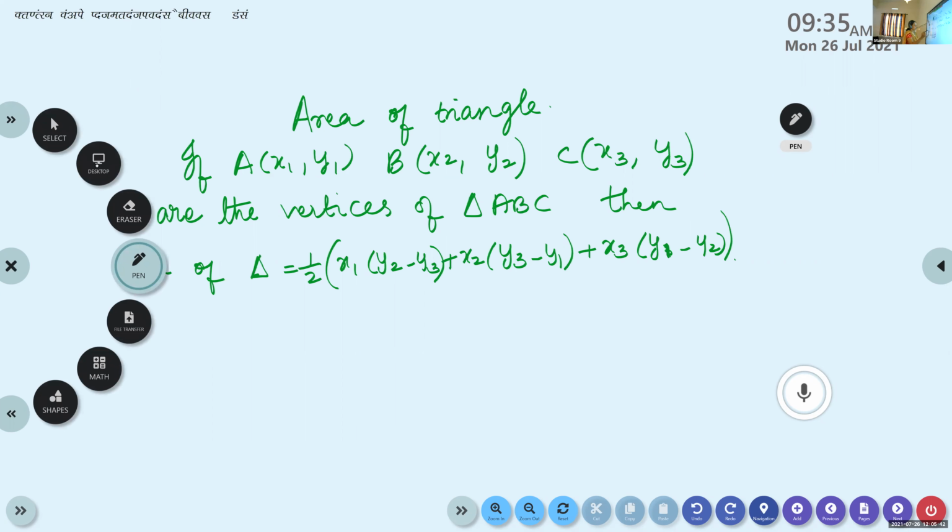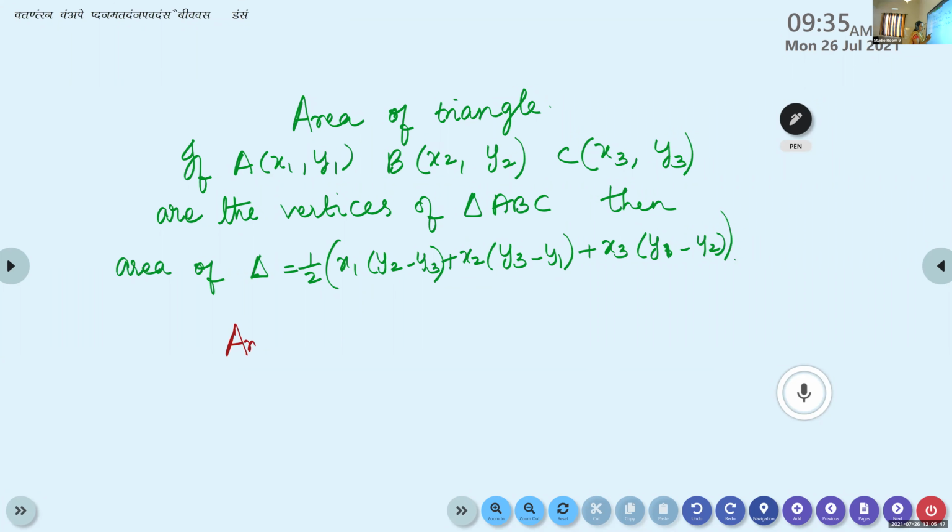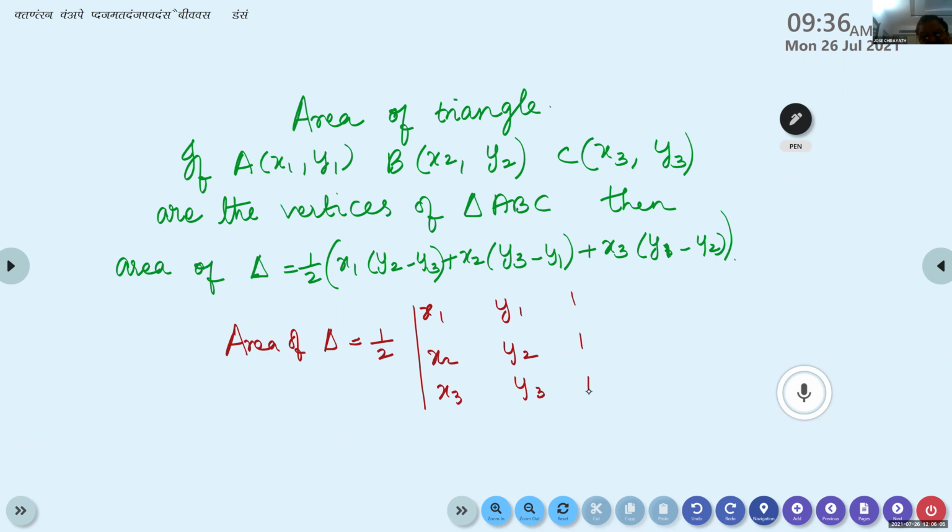Okay, so these are the points. Note it down, children, very important. What is the formula in terms of determinants? The area of the triangle is the same formula, half into the determinant with rows x1, y1, 1; x2, y2, 1; x3, y3, 1.